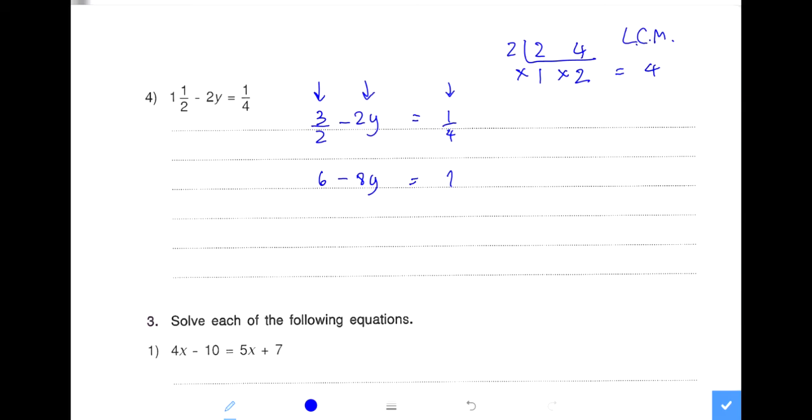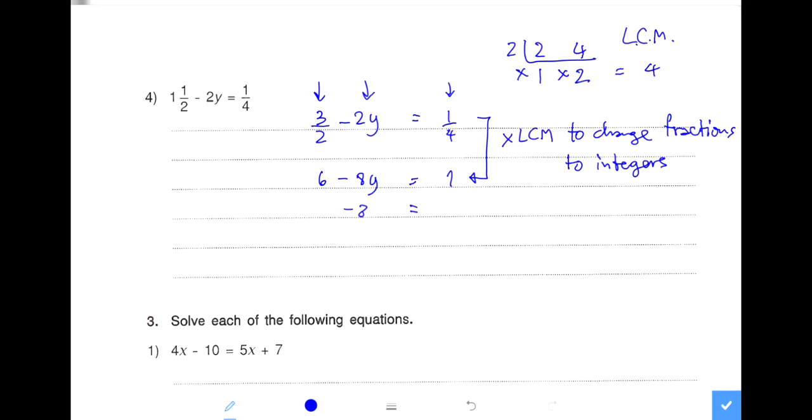Okay, it becomes something very easy now, right? This step, you multiply with the LCM to change the fractions to integers. We have many fractions, you change them to integers. When you have the integers, it becomes something that is so easy.